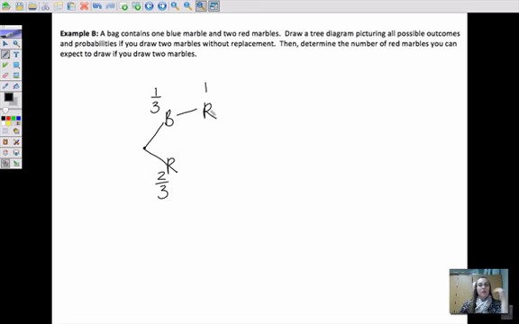So we can just count this as 1 outcome after you've already drawn a blue the first time. So multiplying those together, the chance of getting 1 blue and then 1 red is 1/3 times 1, which is a 1/3 chance.